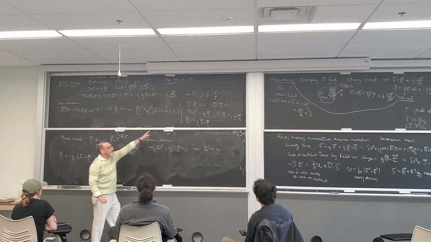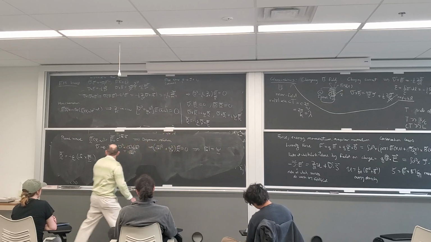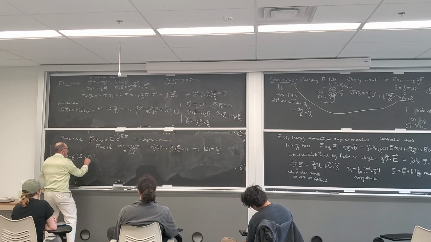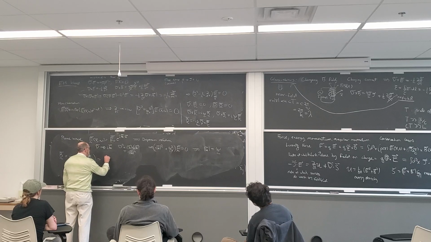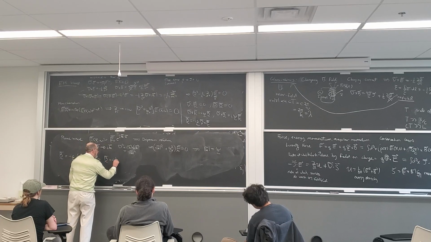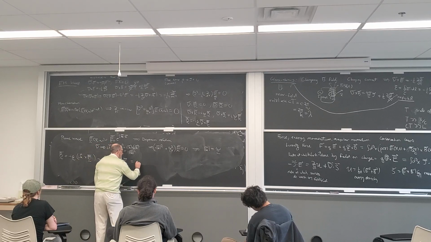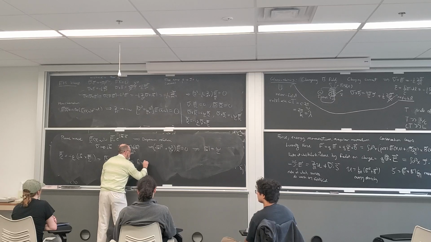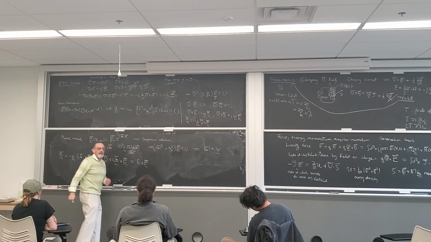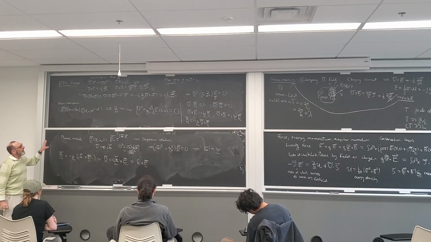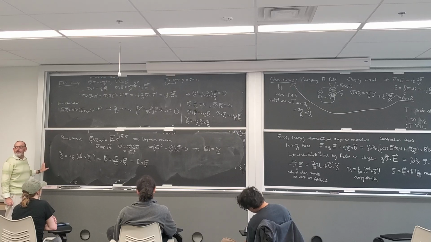Everyone clear? So this tells me that B tilde is c k over omega cross E tilde, or k hat cross E tilde. So the relationships between these follow.